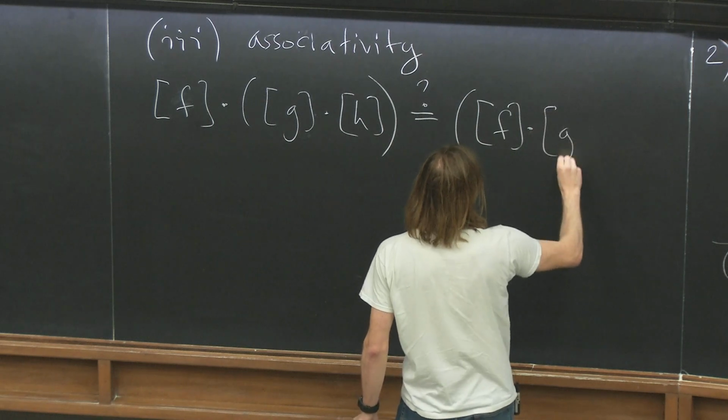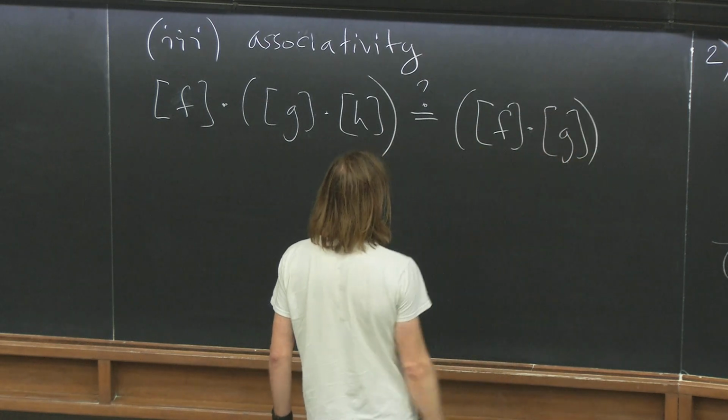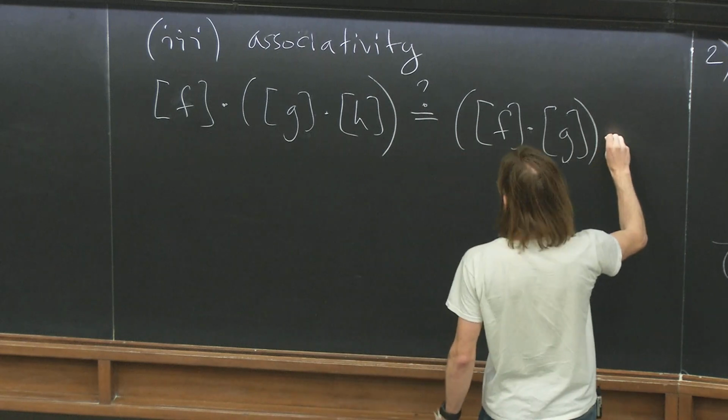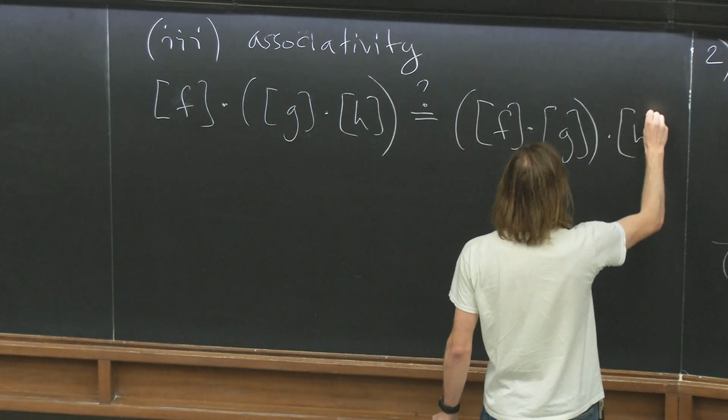So first we multiply the class of f with the class of g, and then we multiply it with the class of h.